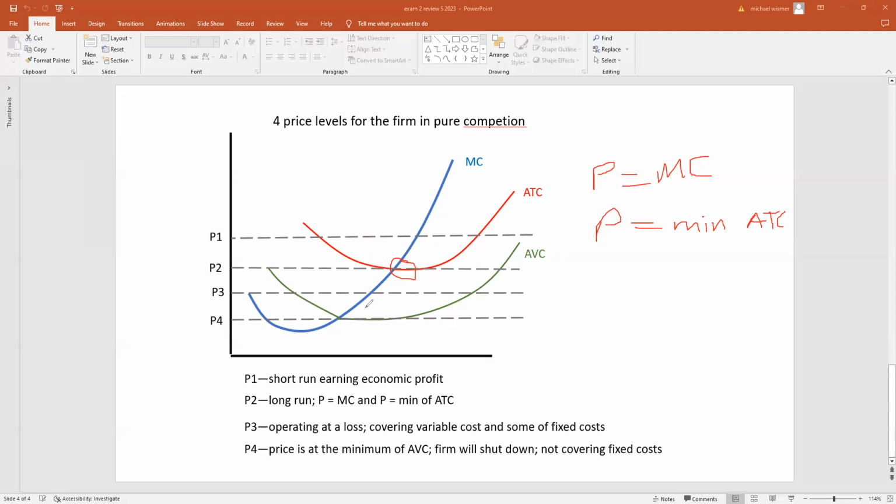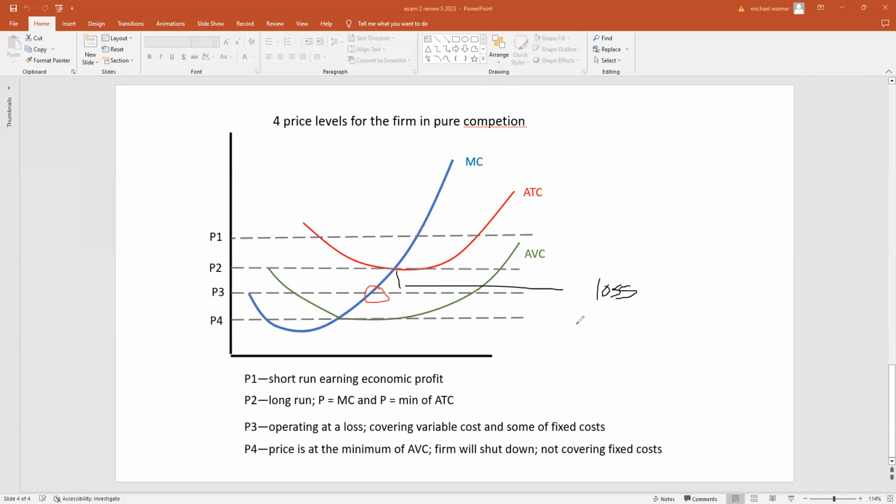Now we take a look here at P3. P3 would be at this point here, and we say, oh, gee, at this point they are below average total cost, and so now they are operating at a loss.